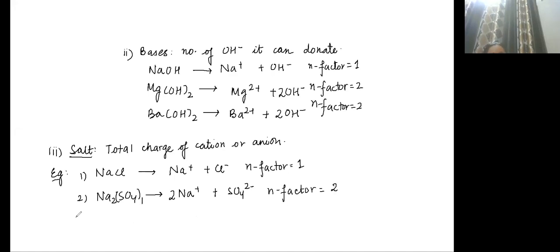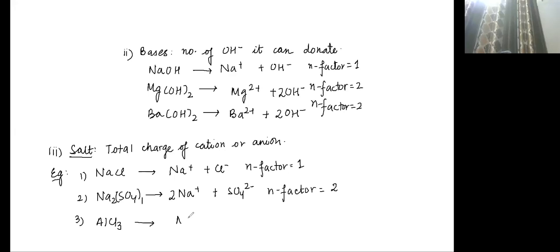Now third, AlCl3. Tell me what is N factor of AlCl3? Good, Shobit, good. Everyone is giving the correct answer. Good, Ayan, good, Akshita. Good, Krishna. Good, Faisal.